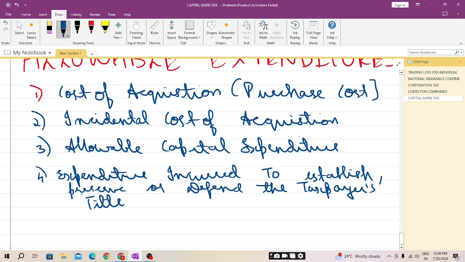So these are the allowed expenditures on the asset.